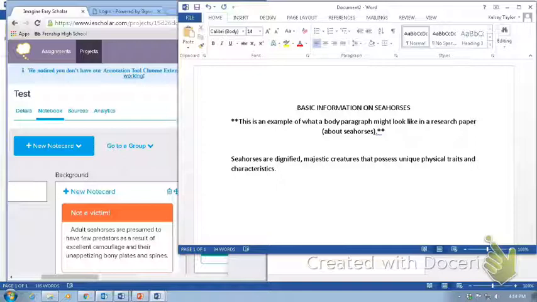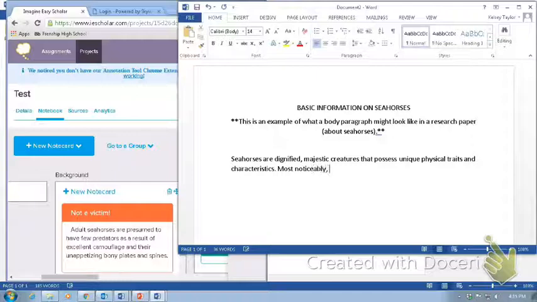It's coming from my brain. So obviously, I'm going to lead into some physical things about the seahorse that make it unique. Oftentimes, it takes a couple or more sentences to work into needing a direct quote. And so I'm going to have another sentence of my own words here.